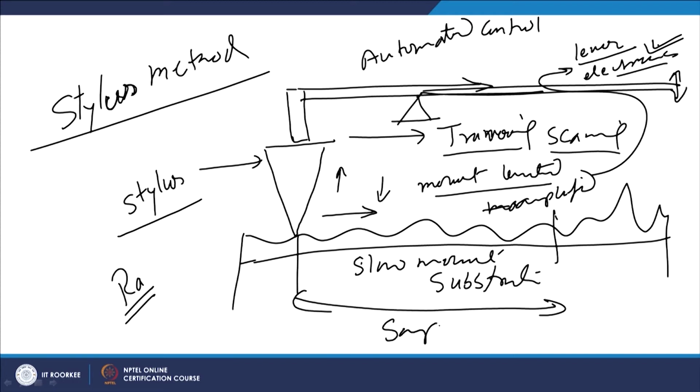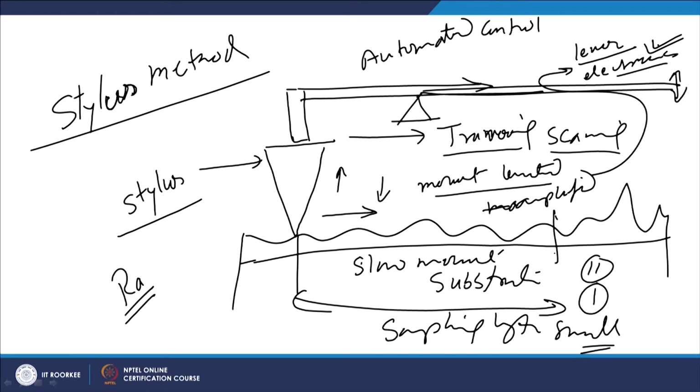This is called the sampling length. Sampling length is small. So if the surface roughness of a large area is to be scanned, then the stylus will be used to scan the surface roughness over a number of places. So, the two things are there: one is the smaller sampling length, and second, the slow movement of the stylus.